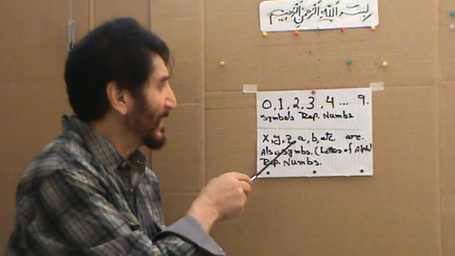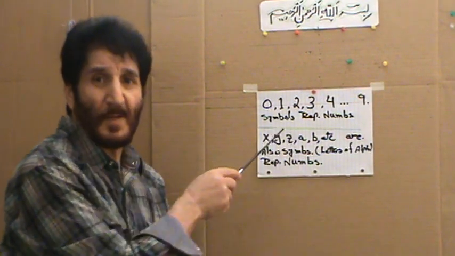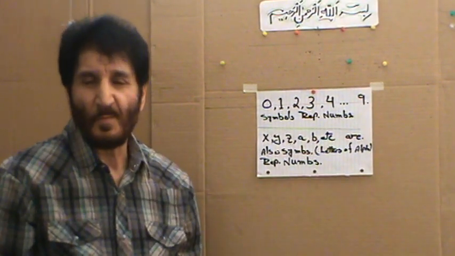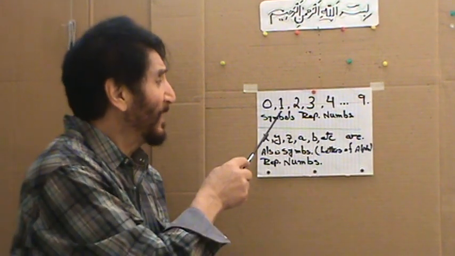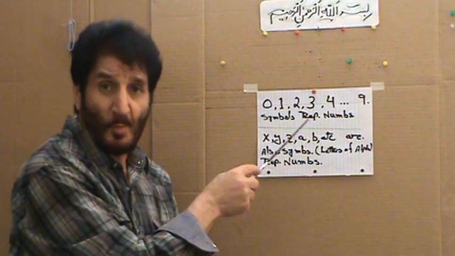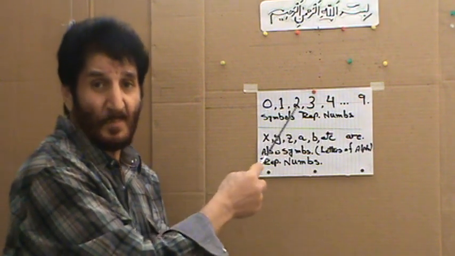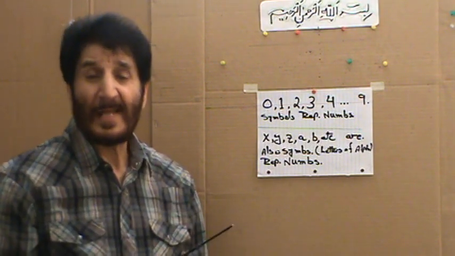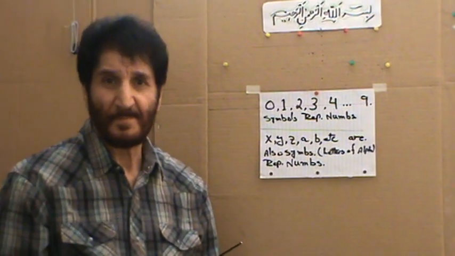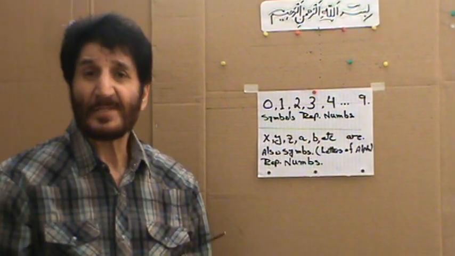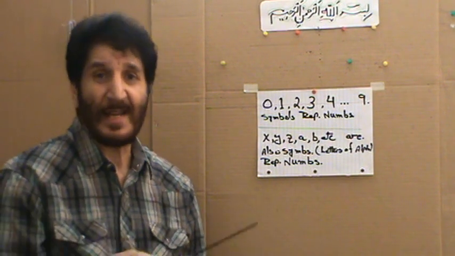So then what is the difference between these two? Both of them are symbols, dummy symbols. What is the difference? The difference is that in the case of numerals, the symbols standing for the numbers have pre-assigned values. I repeat myself, they are pre-assigned values.